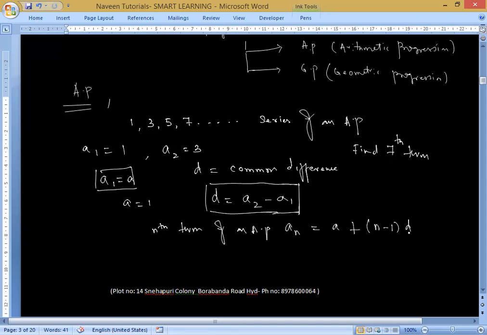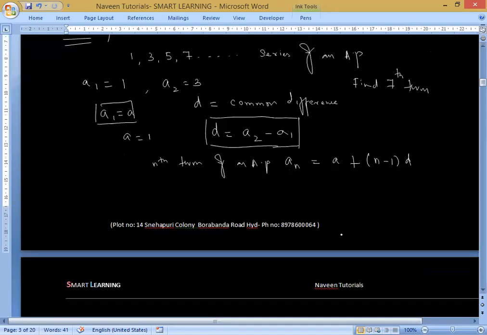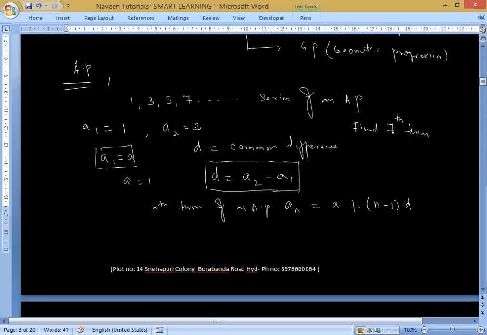Any term means 7th term, 10th term, 15th term, 12th term, 100th term also; you can find it using this formula. In this case, my question is the 7th term, so the value of n becomes 7.